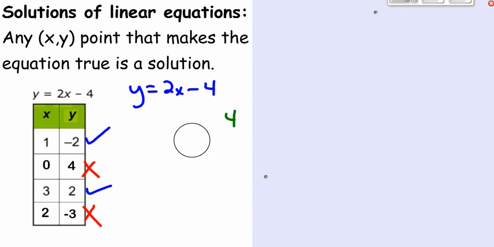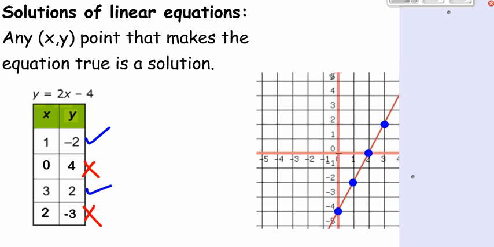I know that there's 2 points on that table there that are not solutions to my equation. So if what I'm telling you is true, then those 2 points, 0, 4 and 2, negative 3, should not lie on the graph of the line. So let's see what that looks like.